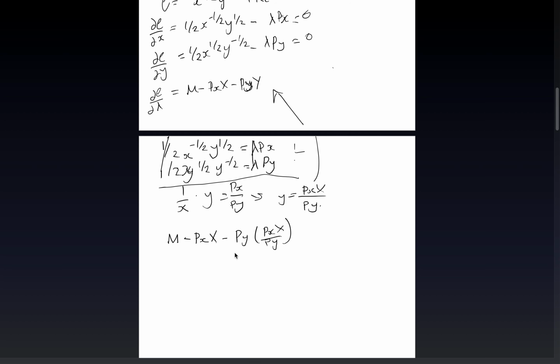And then we just times them together, so these cancel. So we get m minus p of x, x minus p of x, x again. So m minus 2p of x, x.